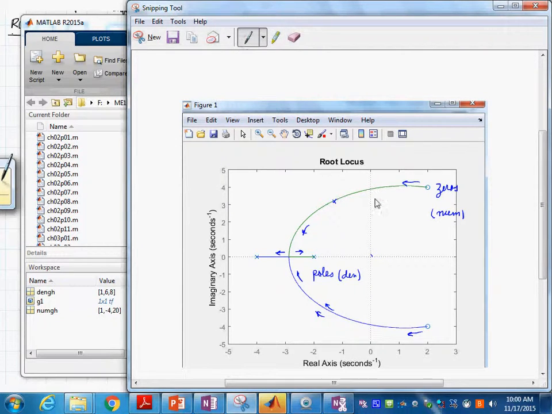So that way, this is the natural frequency of the system. Remember, this is the imaginary part. This is the real part. So this goes like this, and then, see?